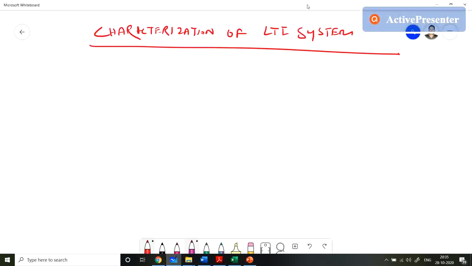We have studied the characterization of LTI system in case of continuous time, in the continuous domain, where we performed this characterization by using the Laplace transform. Here we will consider the Z transform to characterize the discrete time LTI system.